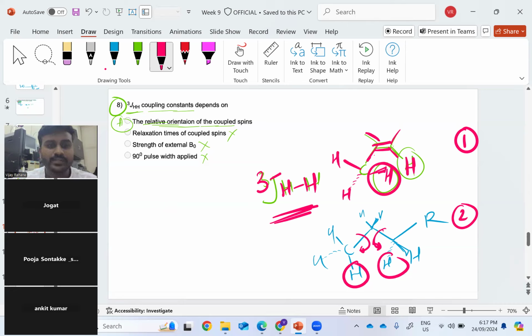So this depends on the relative orientation. In this molecule as well as in this molecule, although they are separated by one and two carbon atoms, in orientation and interaction in space these two protons are very much closer to each other compared to these two protons. That's why we can observe the J3 coupling, which depends on the relative orientation of the coupling spin.